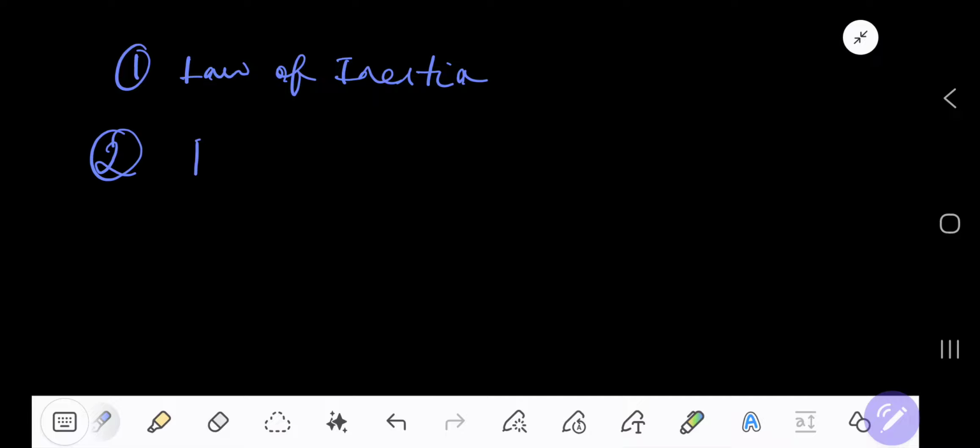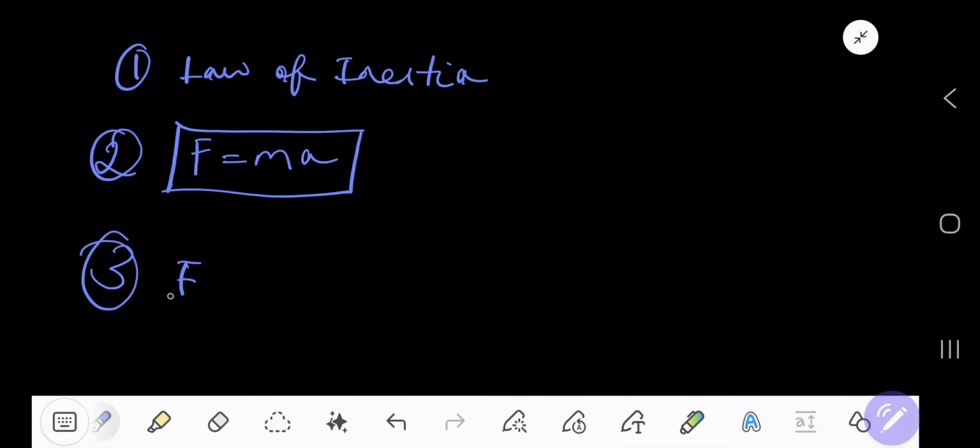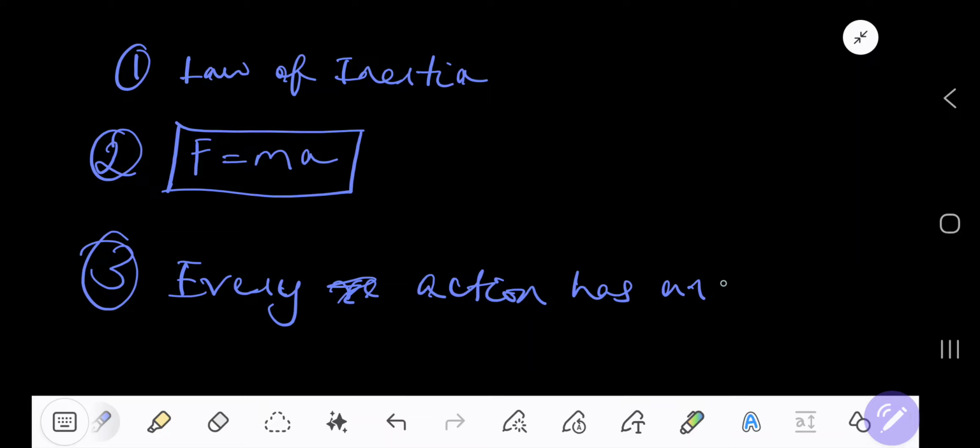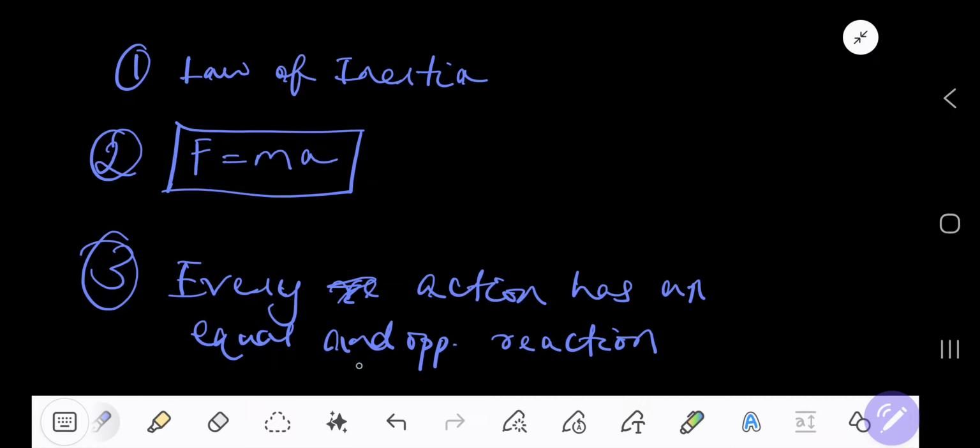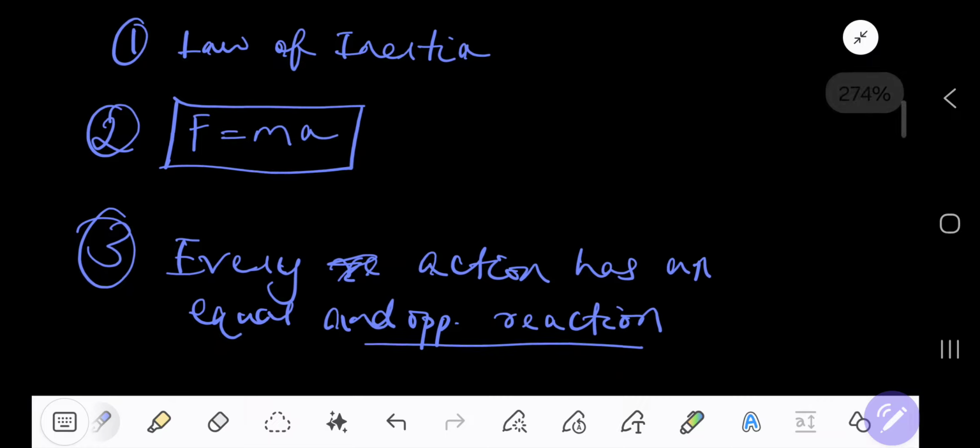Second law, which is the derivation of the formula force equals mass into acceleration, and our third law, which is the most common, a lot of people know about this law, is that every action has an equal and opposite reaction. So we're going to be covering all of these laws in detail.